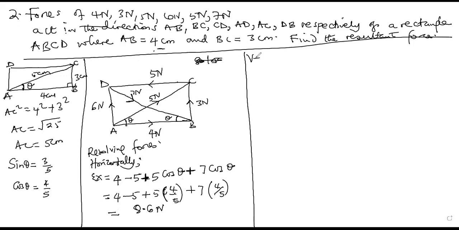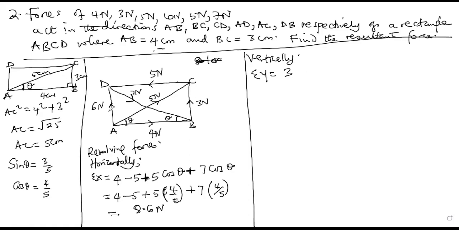So vertically, when you resolve vertically, we shall have the summation of y forces. The first y, this 4 cannot be a y force, but 3, it is 3 sine 90, which is 3. This 5 cannot be a vertical force.